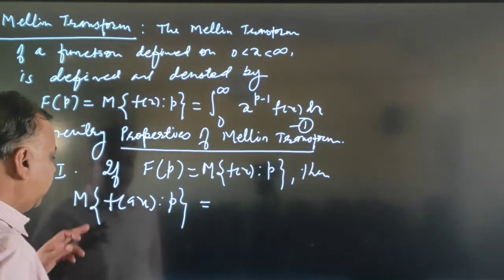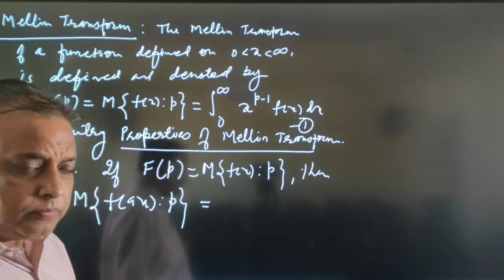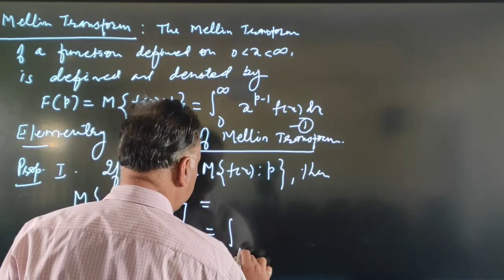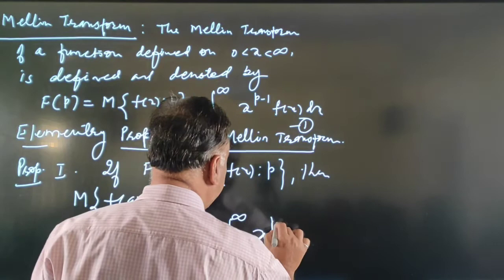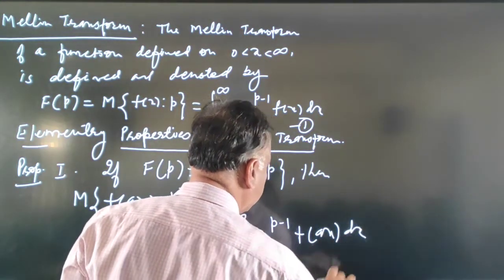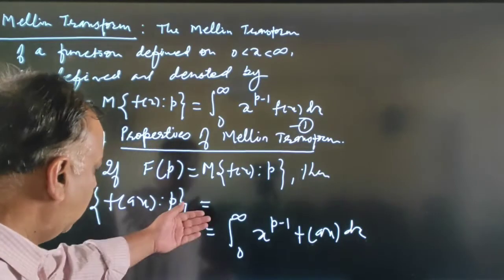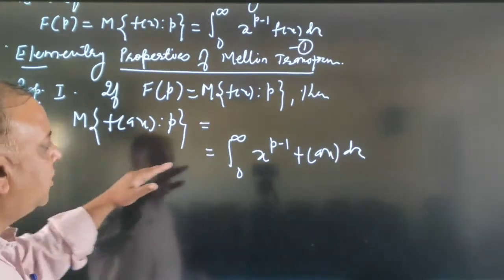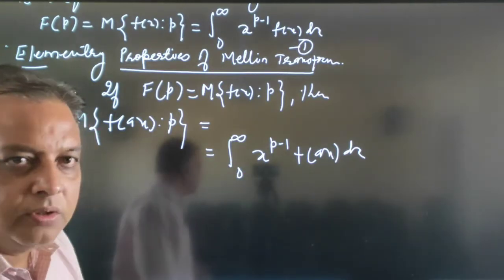Now if you find the Mellin transform of f(ax), then by the definition of the Mellin transform, this is equal to the integral from 0 to infinity of x raised to p minus 1 times f(ax) dx.